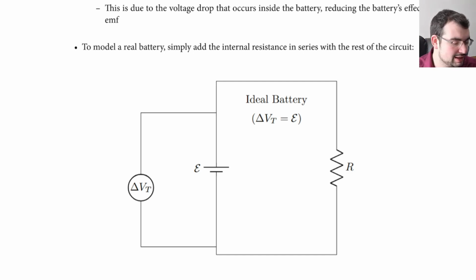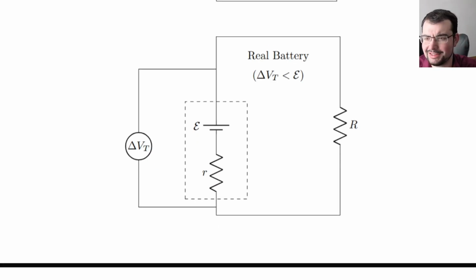Because loop rule says, well, if the battery EMF is epsilon, you must also drive epsilon across the resistor. They exactly match.